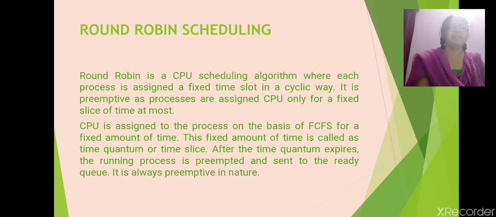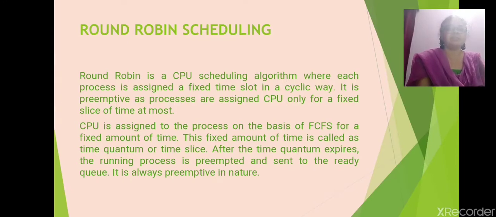So processes are added to the tail of the ready queue, and as I said, if the CPU burst is less than one time quantum, the process voluntarily releases the CPU. The scheduler will then proceed to the next process in the ready queue. Otherwise, if the CPU burst of the currently running process is longer than one time quantum, the timer will go off and will cause an interrupt to the operating system.